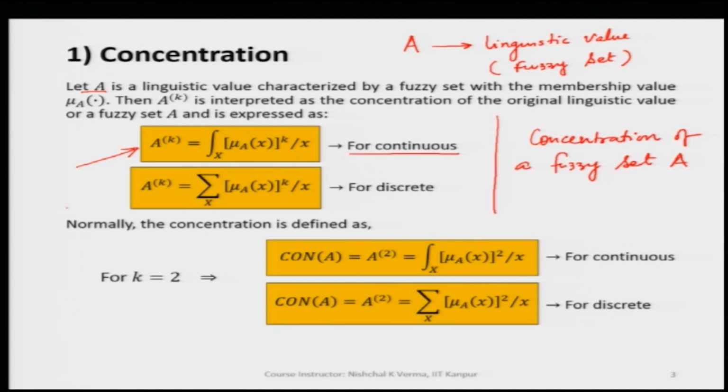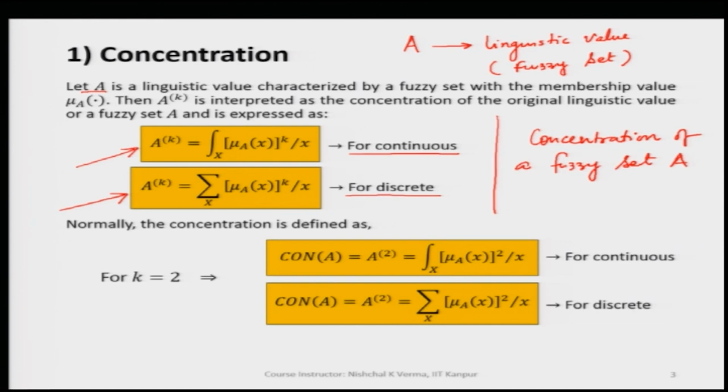Similarly, if we have a discrete fuzzy set which is being concentrated, we will use sigma, and then again the suitable universe of discourse, which in this case is capital X. So, for continuous and discrete fuzzy sets, we have the concentrated fuzzy sets.